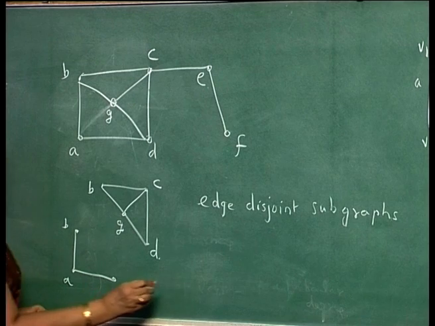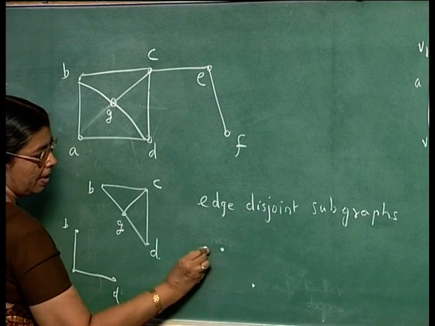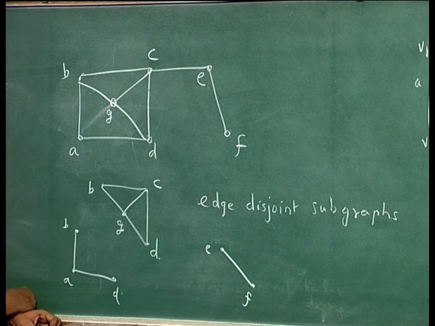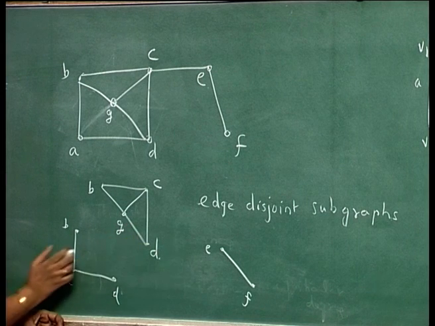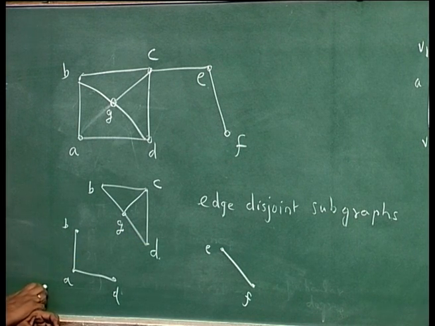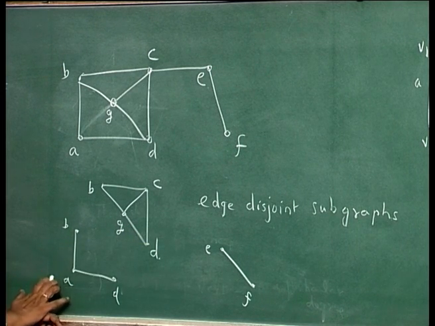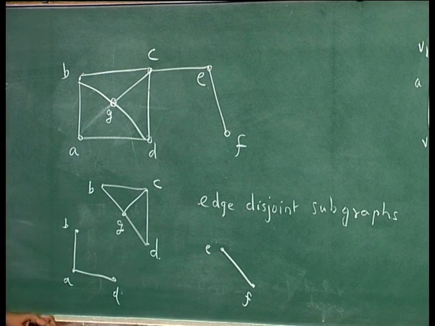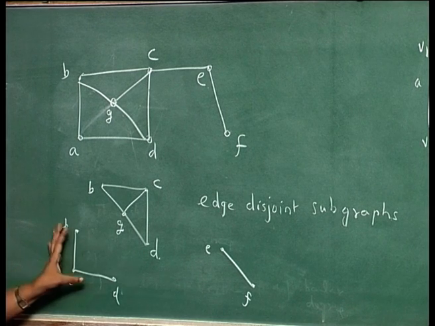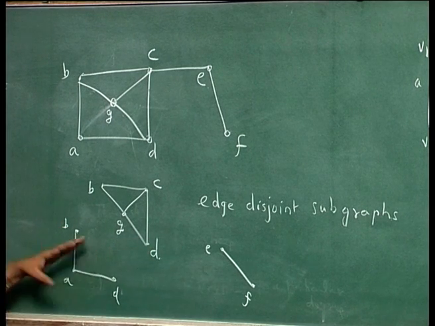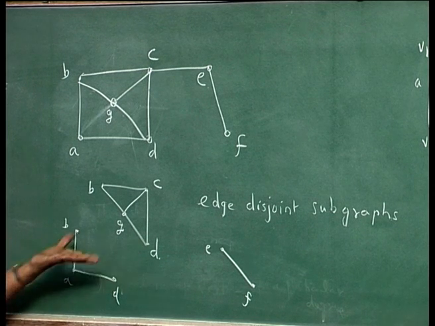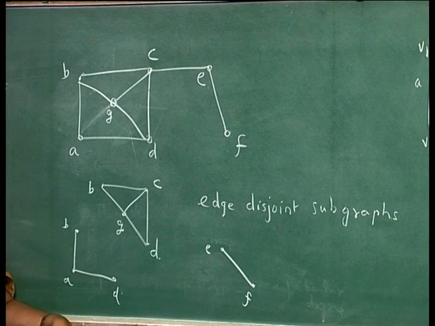And look at this and a subgraph, say E F like this. These two do not have any vertex also in common. They are vertex disjoint. When they are vertex disjoint subgraphs, obviously they will be also edge disjoint. There is no vertex common between them. Both are subgraphs of this, and so there is no edge also common between them.